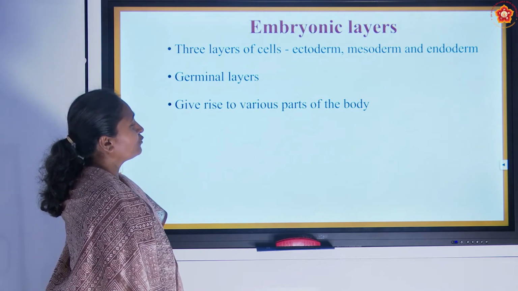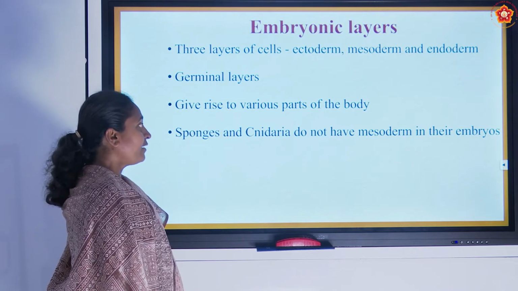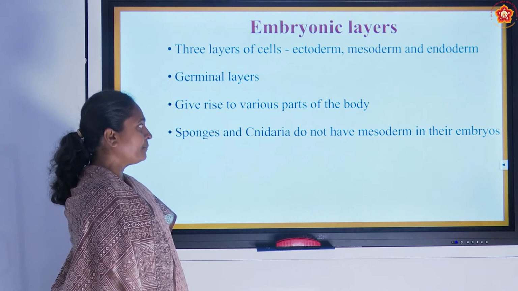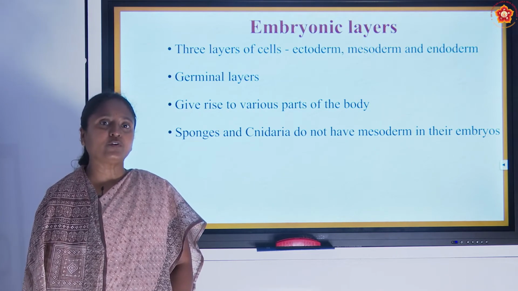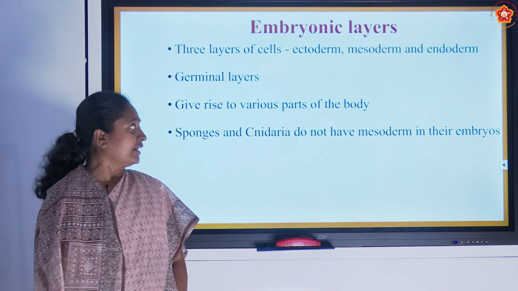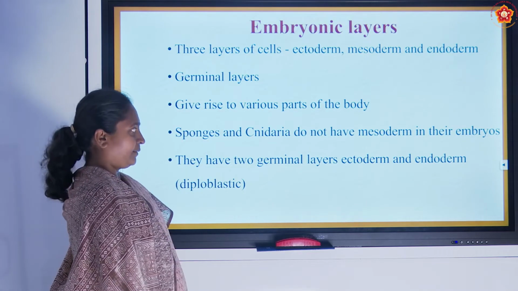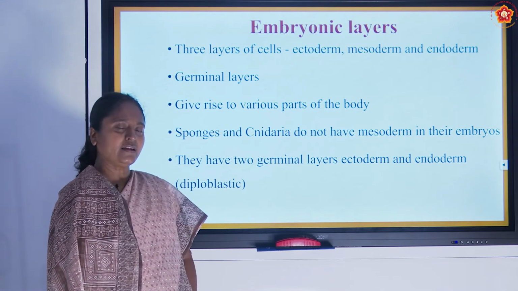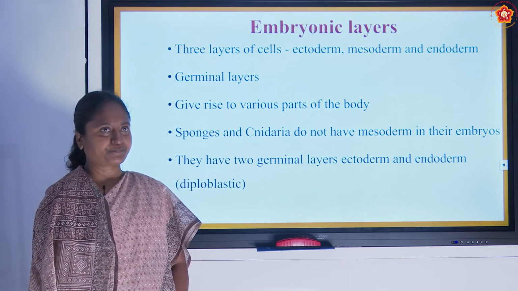So, it will give rise to various parts of our body. In that, sponges and cnidaria do not have this middle layer which is known as mesoderm. Hence, they are known as diploblastic animals. They have only ectoderm and endoderm present in them.